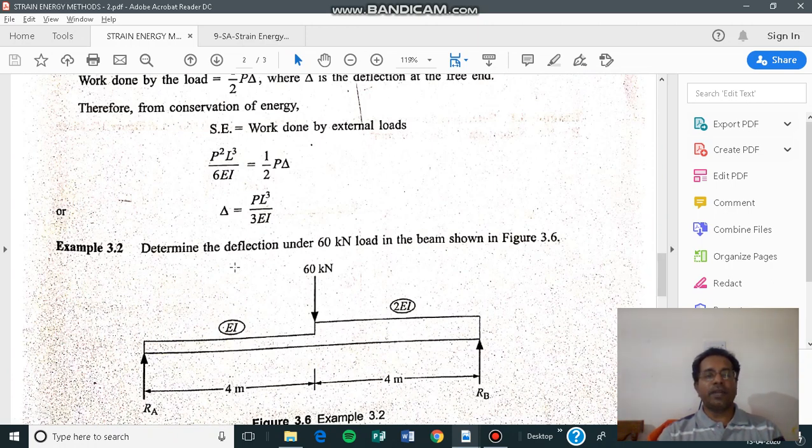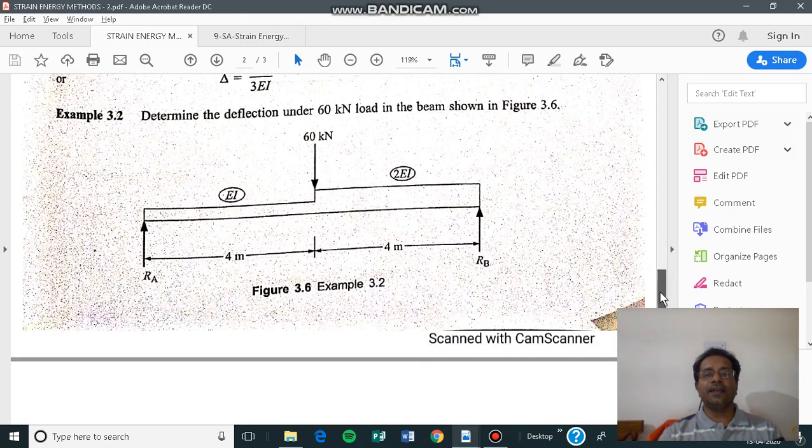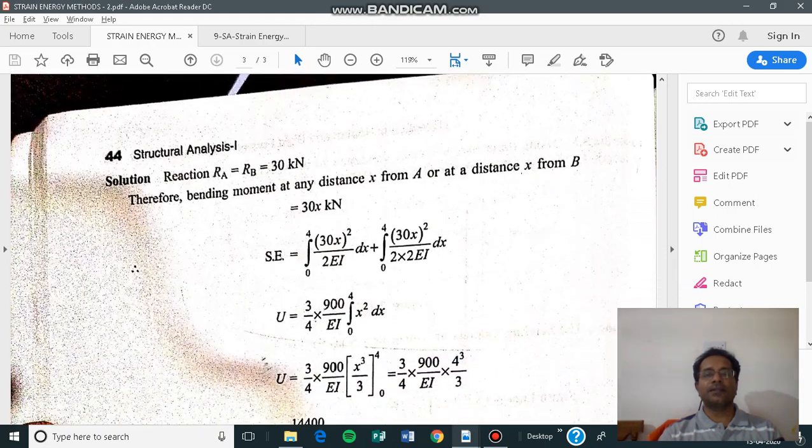So the bending moment at any distance x is equal to 30 into x. Similarly, the bending moment at any distance x on the other side is 30 into x. So 30 into x is the bending moment for the left segment, and this is for the right segment, with EI here and 2EI there.